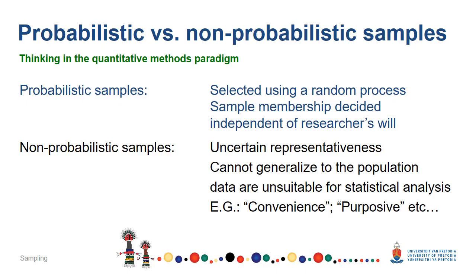So it's likely to be representative, and statistically the findings can be inferred to the population from which it is drawn. Non-probabilistic samples, on the other hand, have uncertain representativeness, cannot necessarily be generalized to the population, and the data are unsuitable for statistical analysis.